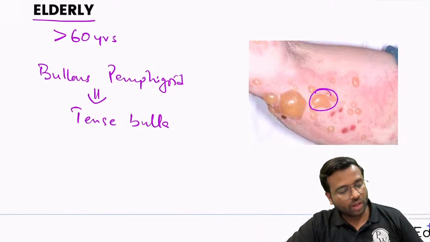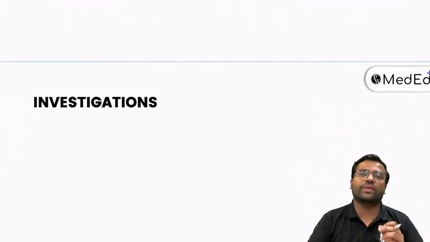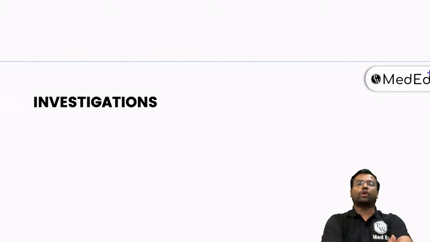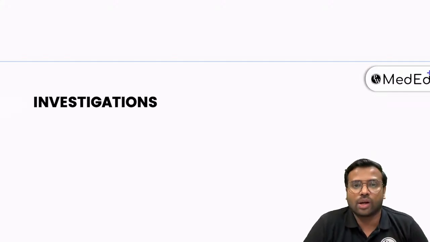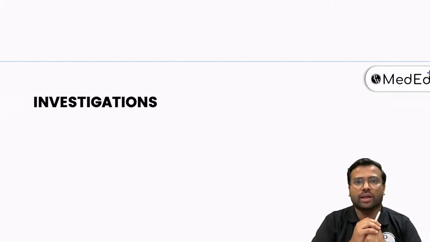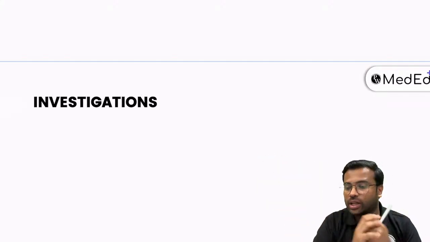Clear? So in all these cases, are there any investigations that we can do when it comes to a vesiculo-bullous disease? Like, you got a patient who is having chickenpox, you got a patient whom you suspect to have herpes simplex virus, or you got a patient whom you think it may be pemphigus vulgaris or bullous pemphigoid.